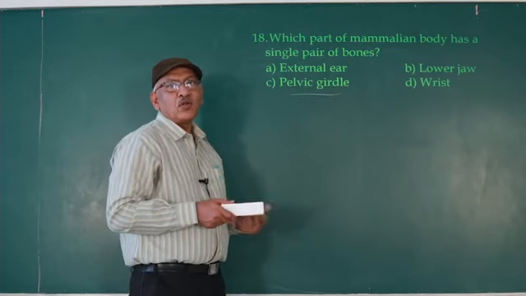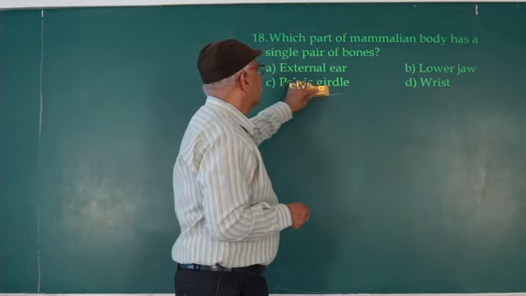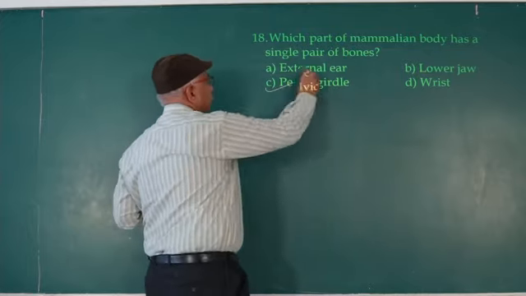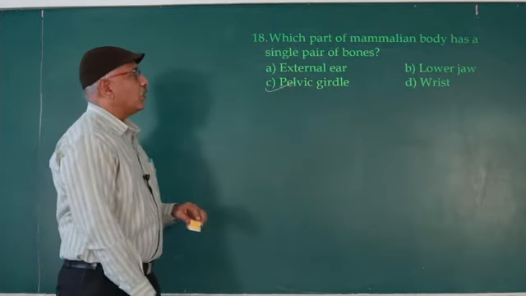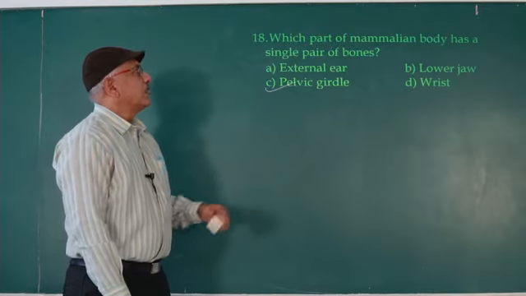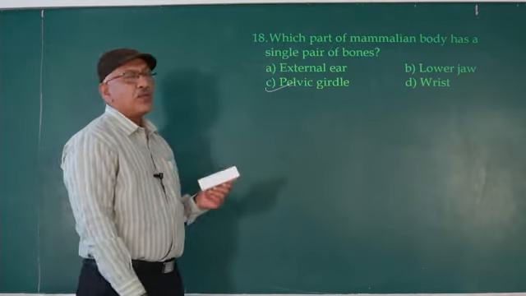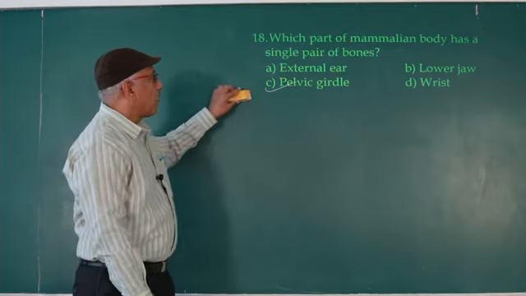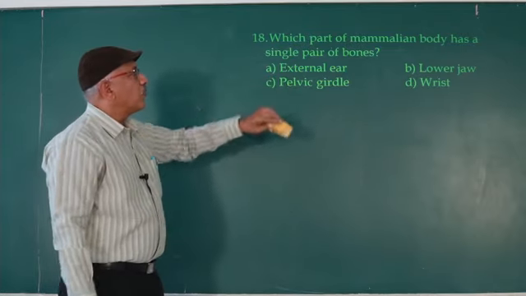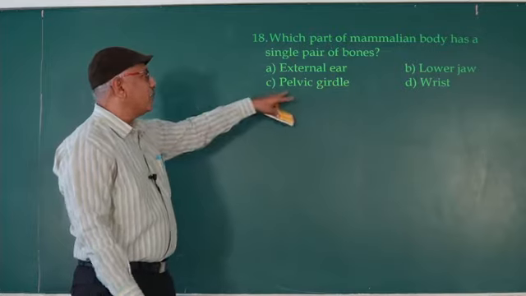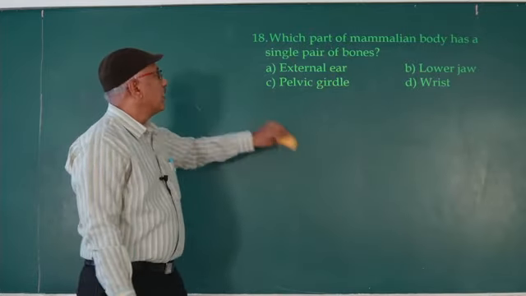Pelvic girdle, two coxal bones. So for mammalian body, except human being, the options are B and C. Or which part of human body has a single pair of bones? Pelvic girdle.